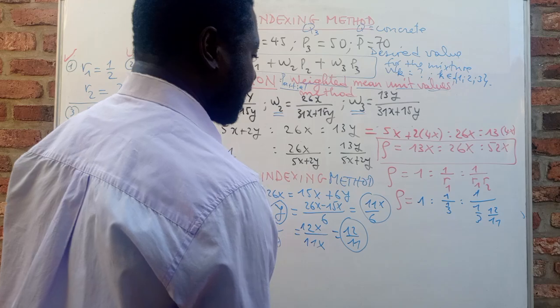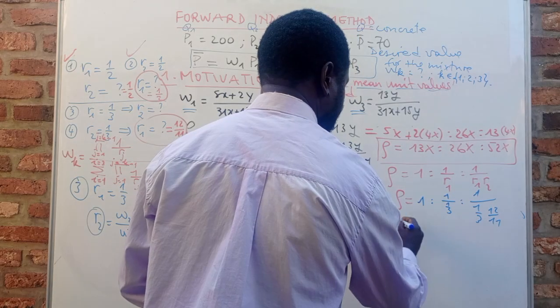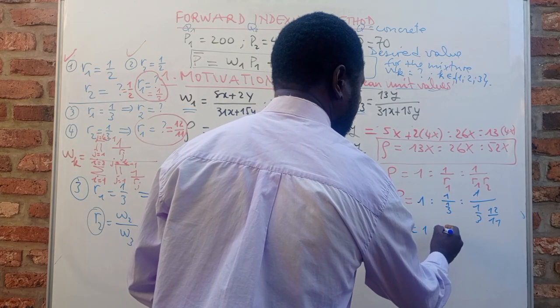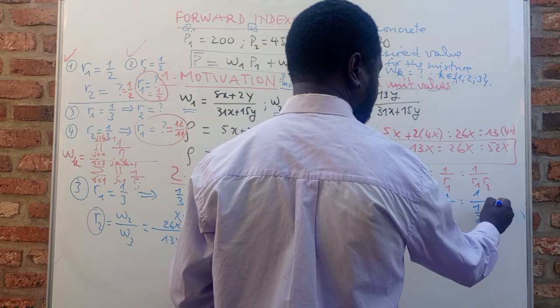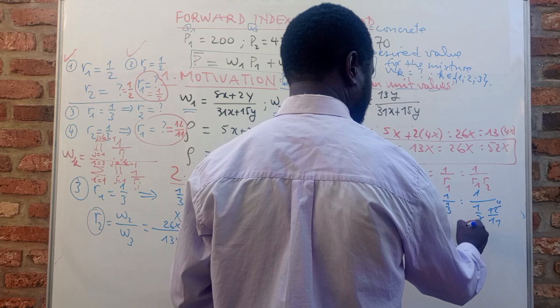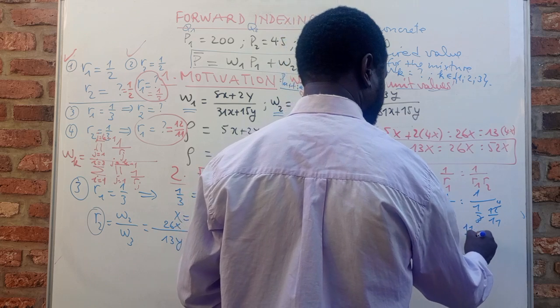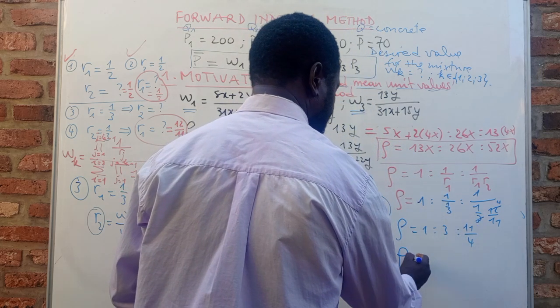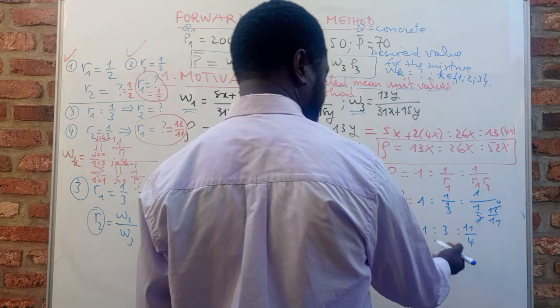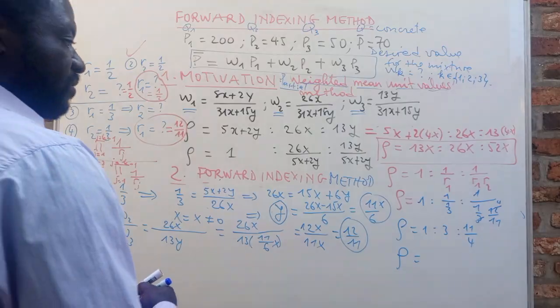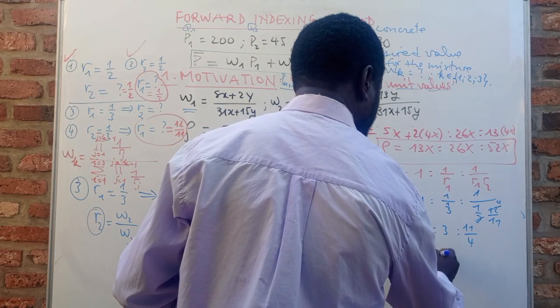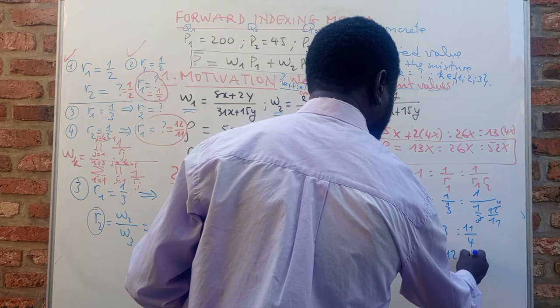So now this ratio becomes 1, 3, 12 over 11. Now after simplification, this is 4, that's 11 over 4. Now this is to simplify. Let us write, we can simplify, and by doing so we have 4, 12, 11.